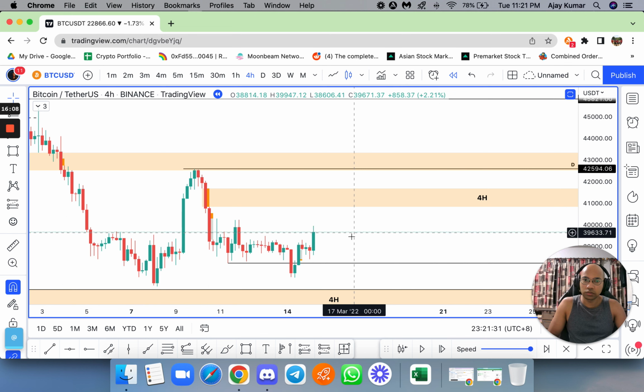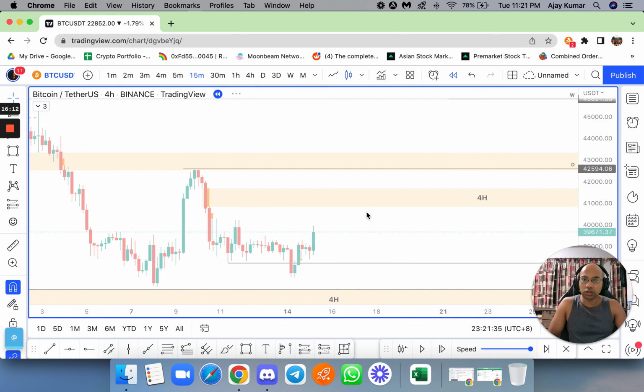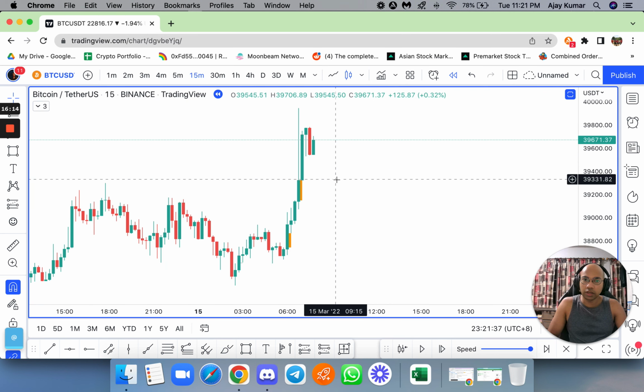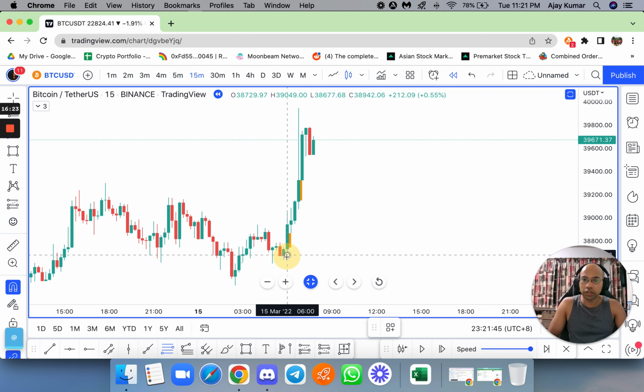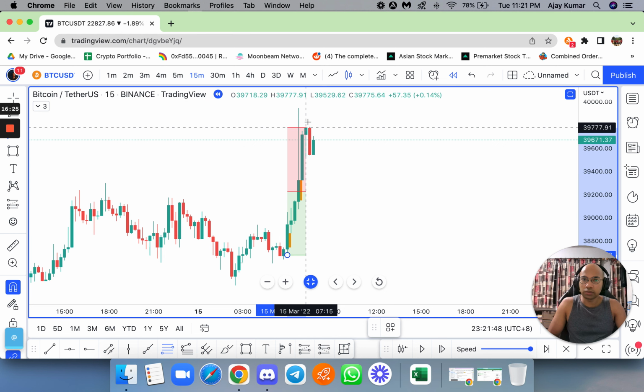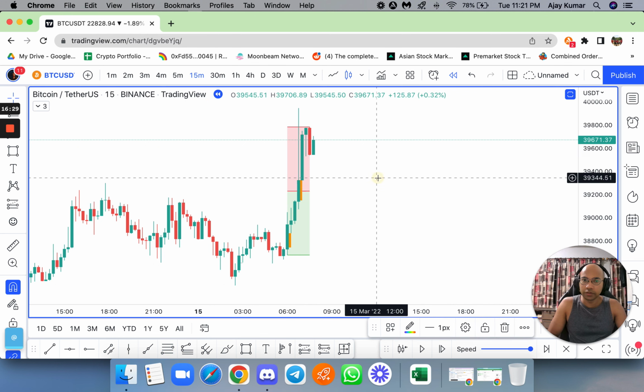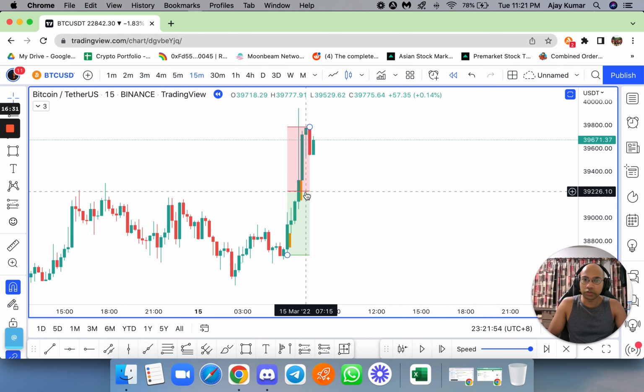Okay, it broke with impulse. I think, yeah, I would go long, and let's see where I would like to enter. This is the price leg that broke. So yeah, I would like to enter in this discount region.